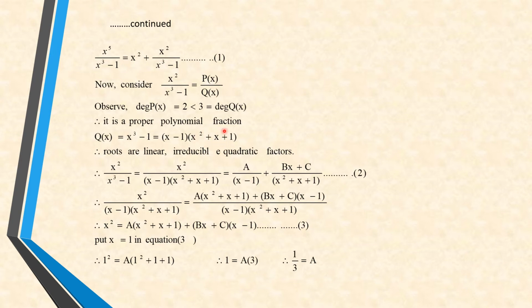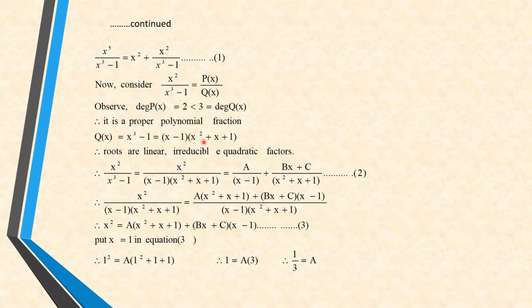Can we find the factor of this x square plus x plus 1? No, we cannot find the factors of x square plus x plus 1. So we will call this as irreducible factor. Now the first factor is x minus 1. Highest power of x in x minus 1 is 1, so it is called as a linear factor.